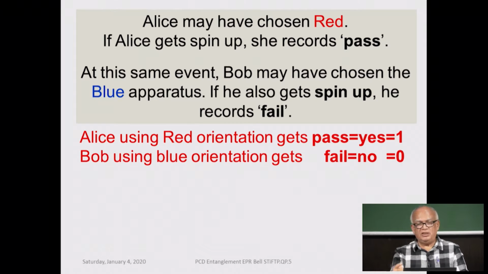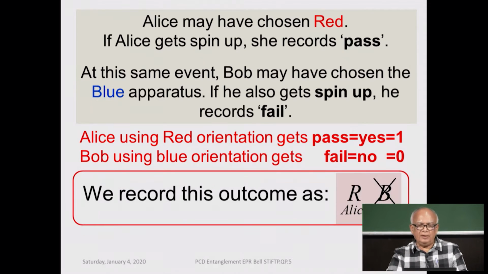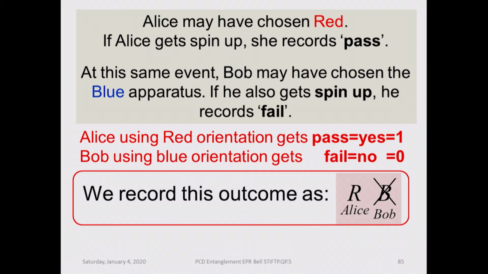Okay? So, it is just a 2 state system, 1 and 0. So, here we are going to call it pass and fail. Okay? And we can record this outcome as Alice first, Bob next, always ladies first. Okay?